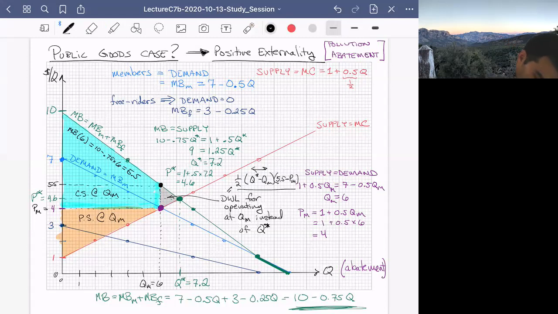And so I could end up calculating out what that deadweight loss is. We're right here at 115, so I'm not going to go through any of those calculations, but that's basically how you can set up one of these public goods cases where you've got this positive externality that has a group of free riders who don't contribute to demand and a group of members who do.